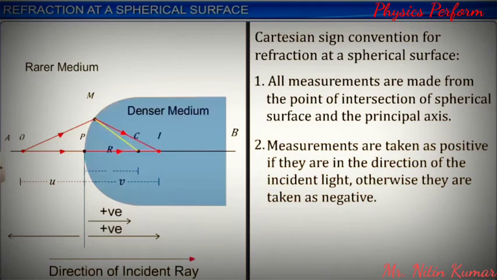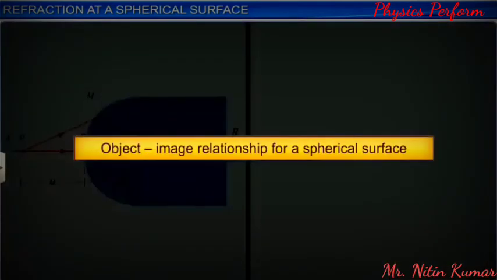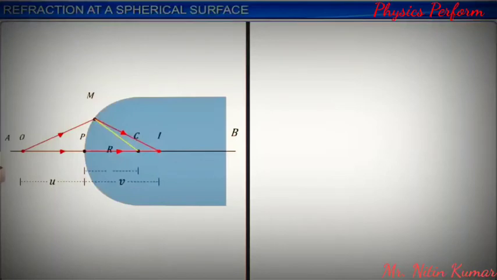Let us now derive an object-image relationship for a spherical surface. Let the refractive index of the rarer medium be n1 and the refractive index of the denser medium be n2. If the aperture of the spherical interface is small when compared to the object distance u and the image distance v, then the following approximations can be made. 1.